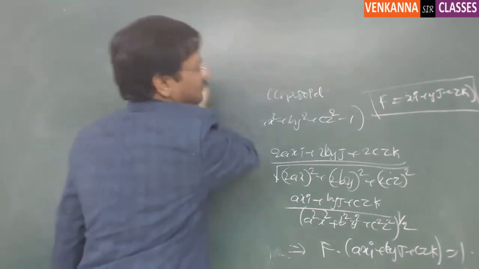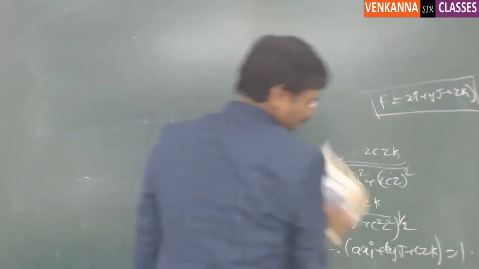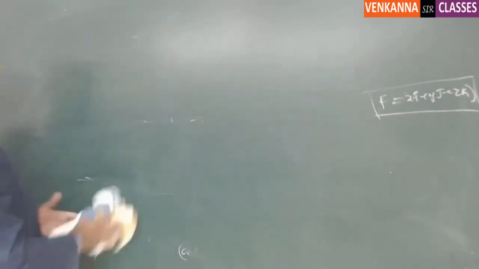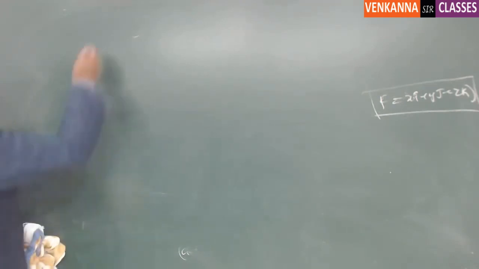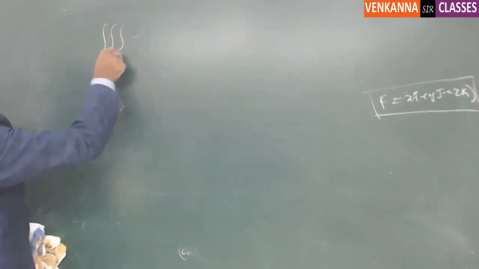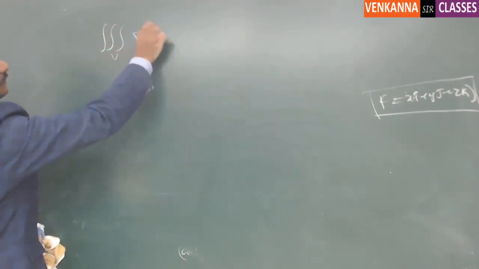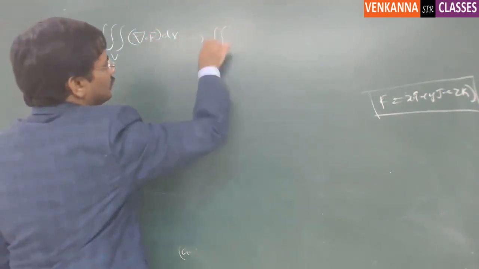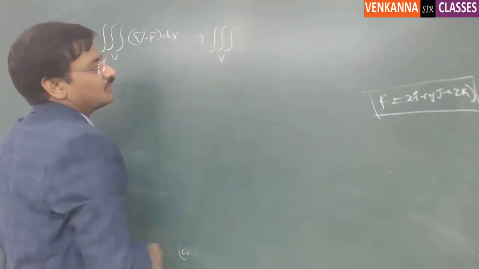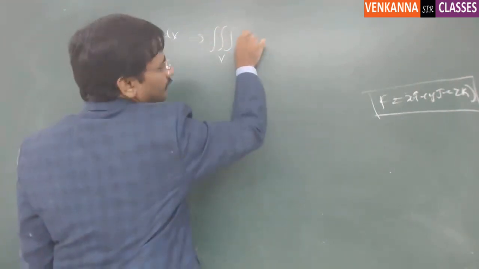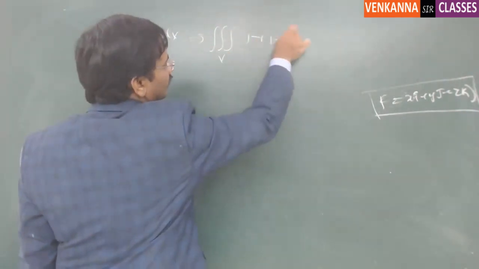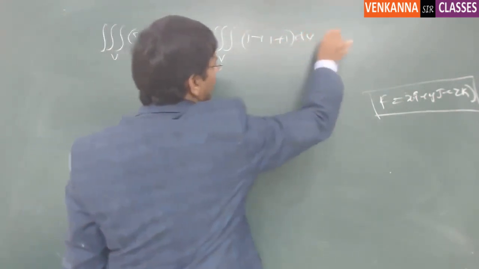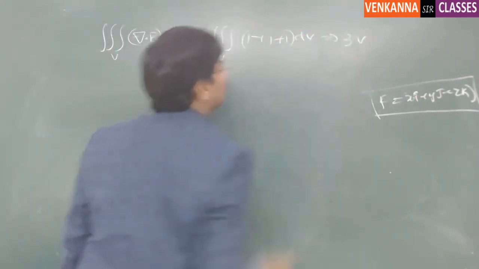Once you find the F value, as per the divergence theorem, this surface integral is equal to the triple integral of del dot F dV over the volume V. Del dot F will be 1 + 1 + 1, so this is 3V, where V is the volume of the ellipsoid.